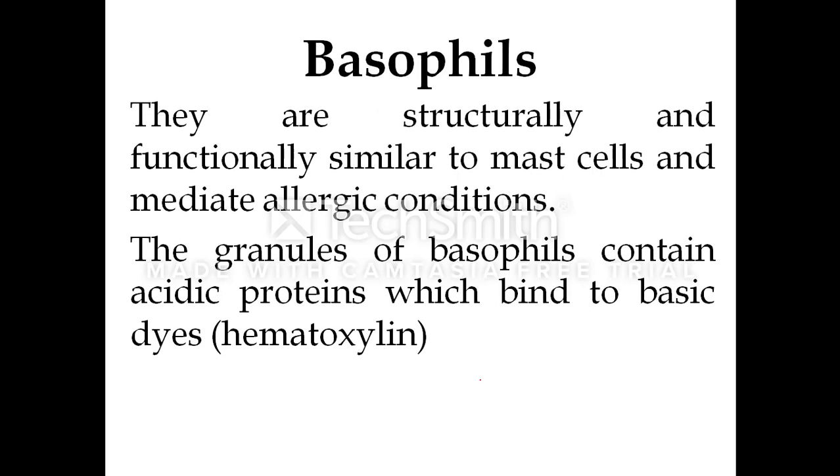Coming to the basophils, they are structurally and functionally similar to the mast cells and mediate allergic conditions. These are granulocytes. The granules of the basophils contain acidic proteins which bind to basic dye, that is hematoxylin.